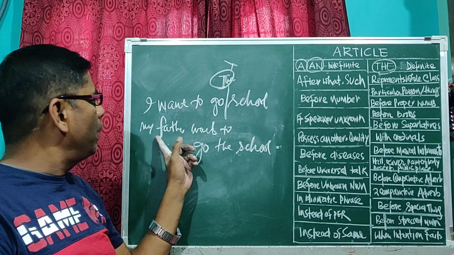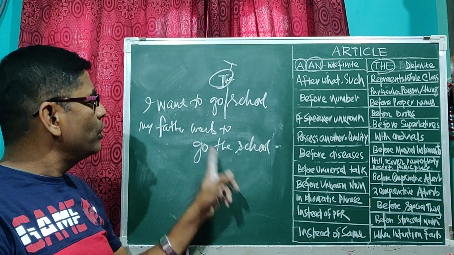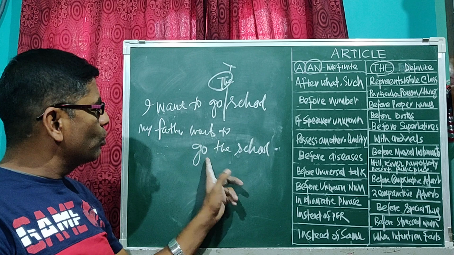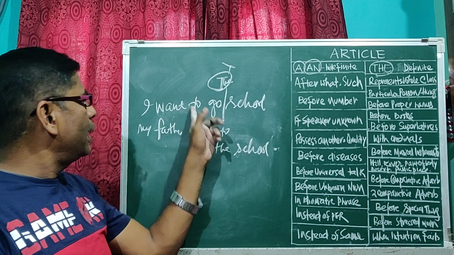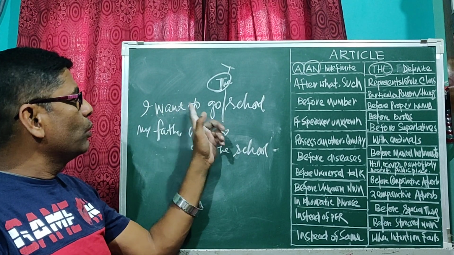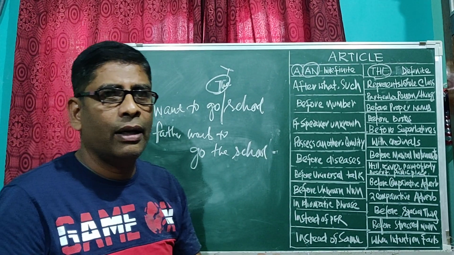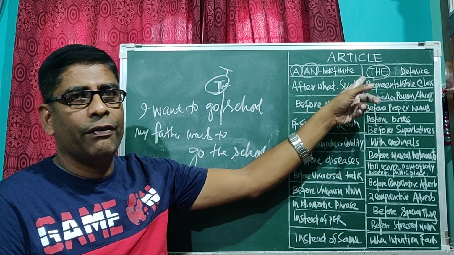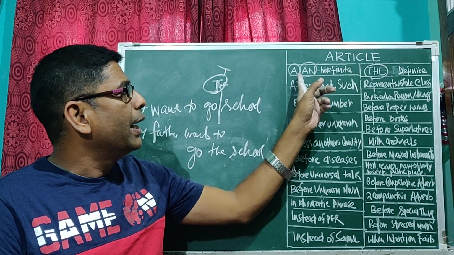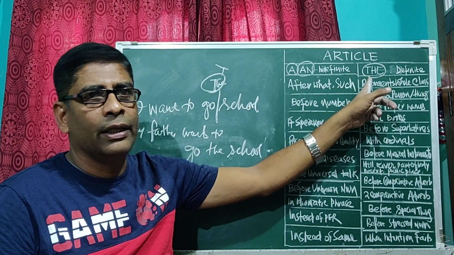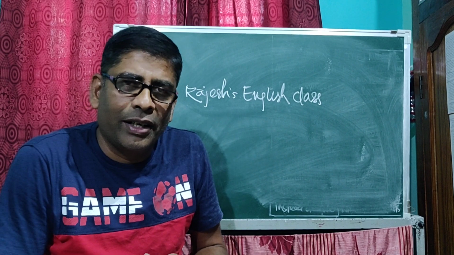When the intention fails, we have to use THE. My father wants to go to the school. But here, being a student, I want to go to school. So this is all about the article, definite and indefinite. In the indefinite, A and AN; in the definite, THE.